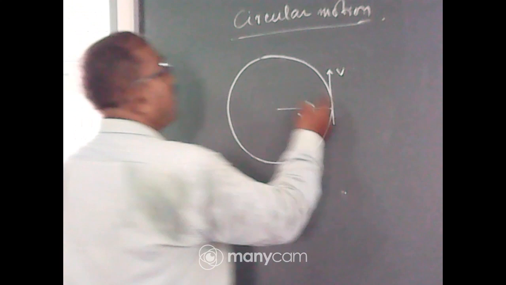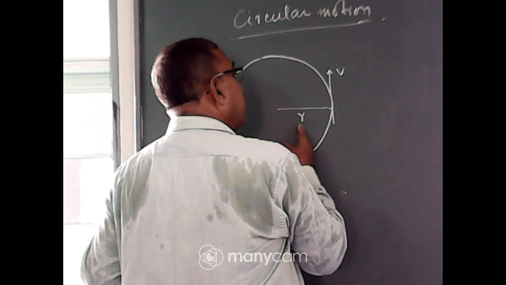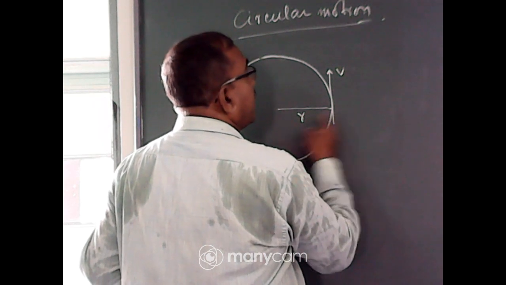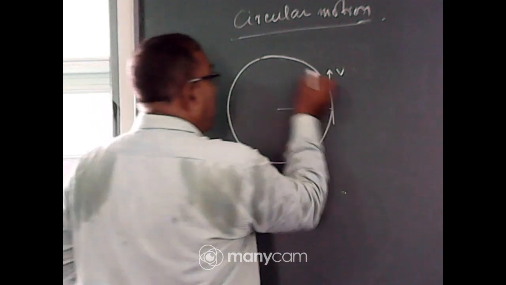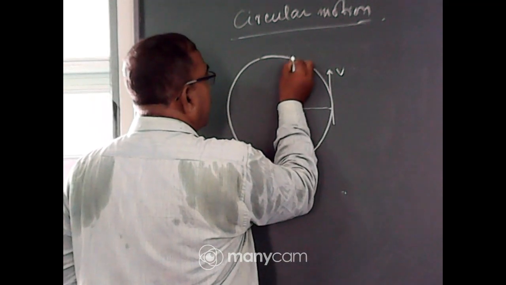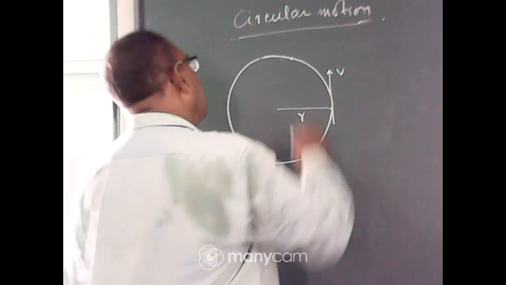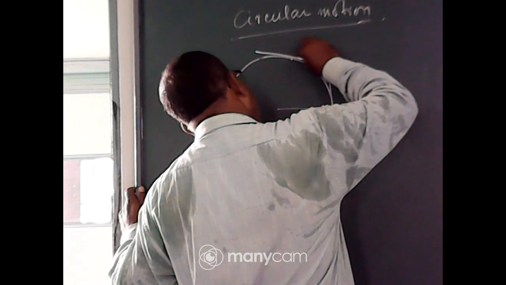So this velocity has no component along the radius, because they are perpendicular to each other. After a time t, if the object is at this position, what will be its direction? The direction of the v is this.